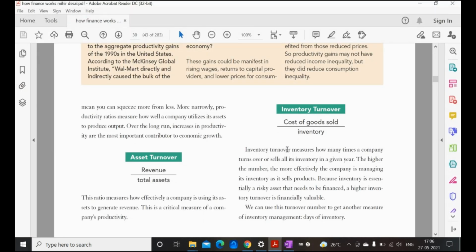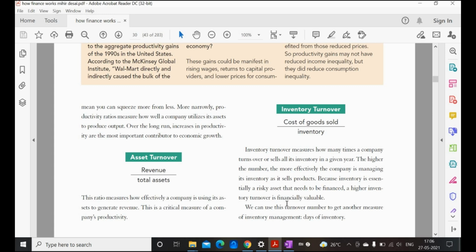Now let's see. Inventory turnover measures how many times a company turns over or sells all its inventory in a given year. The higher the number, the more effectively a company is managing its inventory as it sells products. Because inventory is essentially a risky asset that needs to be financed, a higher inventory turnover is financially valuable. We can use this turnover number to get another measure of inventory management, days of inventory.